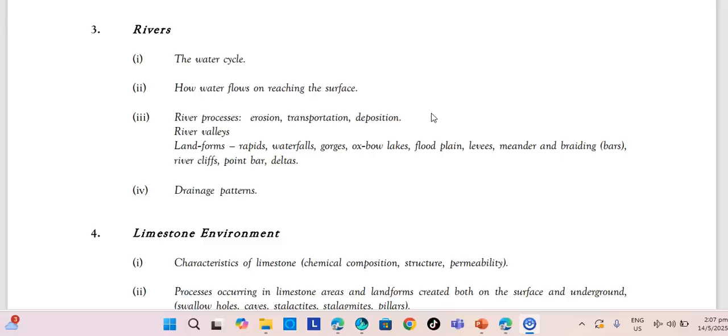So quick summary of drainage. The three types of drainage patterns are radial, trellis, dendritic patterns. Dendritic pattern looks like a tree branch. Radial pattern looks like bicycle spokes. Trellis pattern looks like a ladder. The dendritic pattern forms on flat land with soft rock.